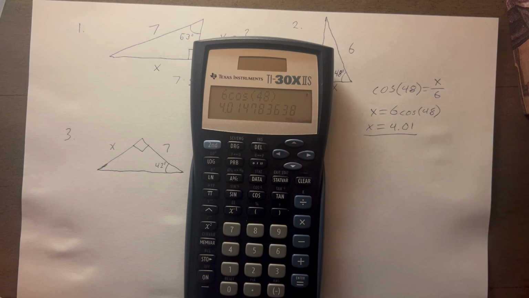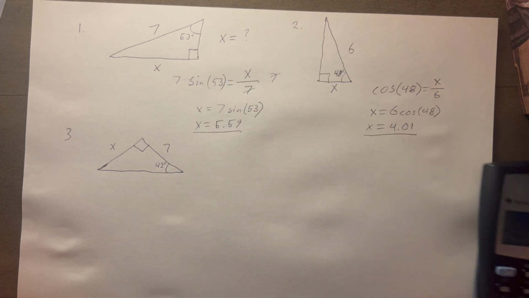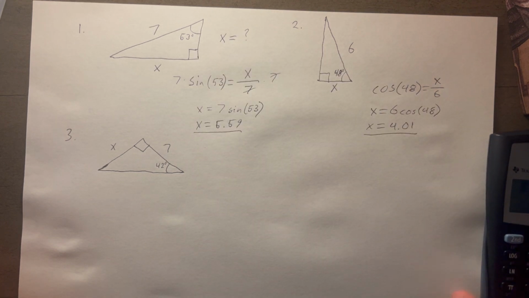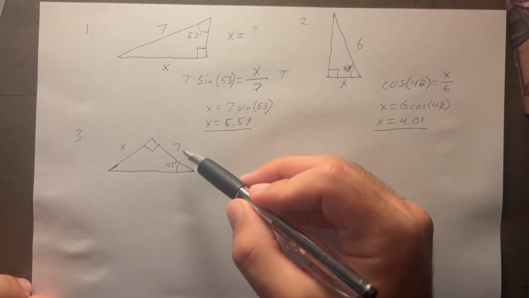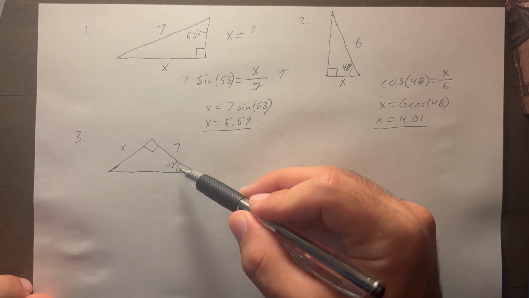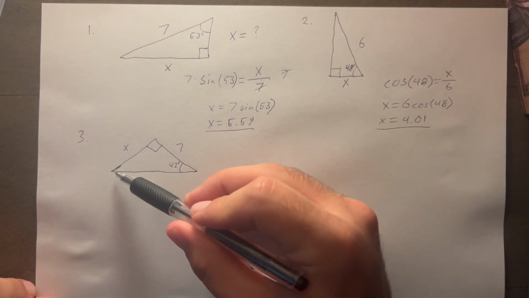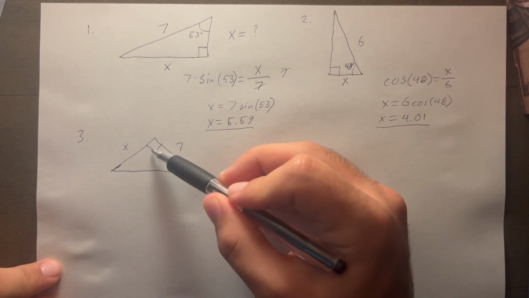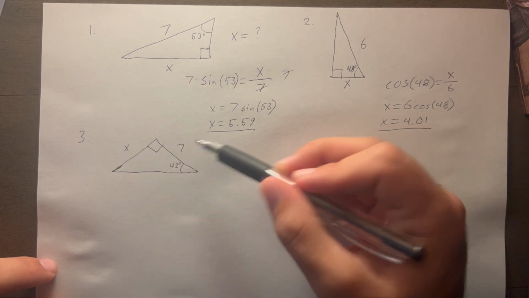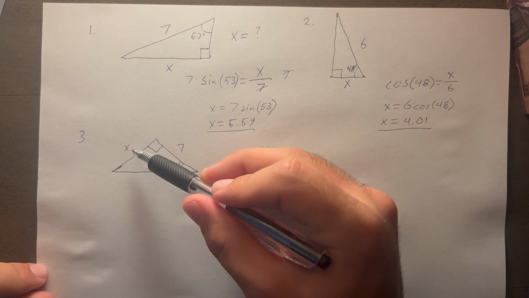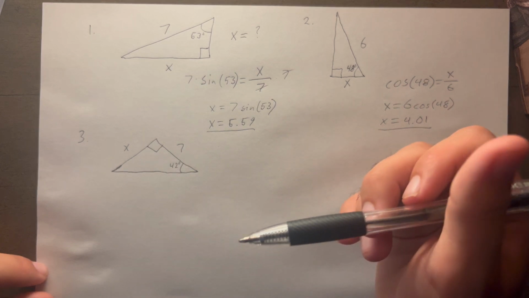There you go. Okay, now for the final problem. So now we've got x right here, 7 right here, and the angle right here. This right here is going to be the hypotenuse because it's opposite of 90. This is going to be the opposite, and this is going to be the adjacent. So if we've got opposite and adjacent, which formula are we going to use?